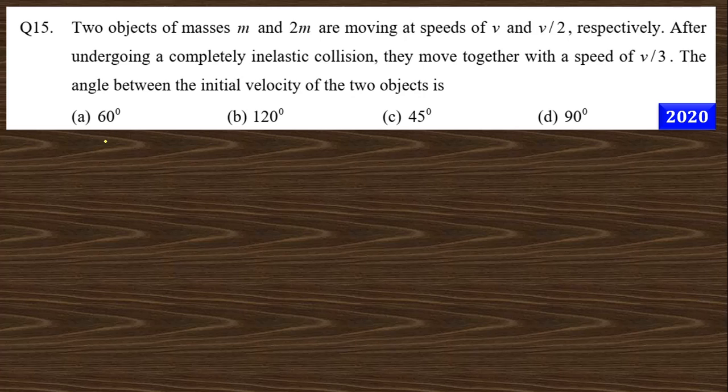Two objects, masses m and 2m, moving at speed v and v by 2 respectively, after undergoing a completely inelastic collision, move together with speed v by 3.